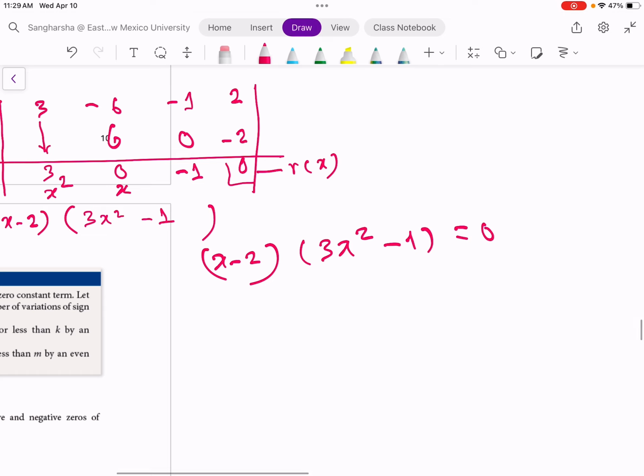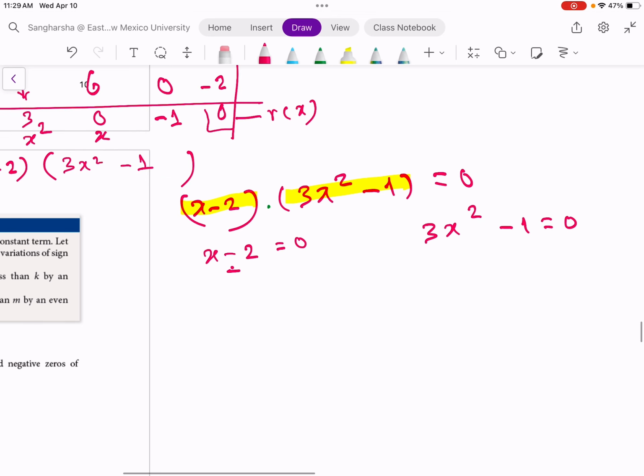We have two numbers, x minus 2 and this other factor, and their product is 0. If the product of two numbers is 0, what can we say about those two numbers? One of them has to be equal to 0, right? It means we set each factor equal to 0. So we have x minus 2 equals 0, and we set the second factor 3x square minus 1 equal to 0. Now let's solve these equations.